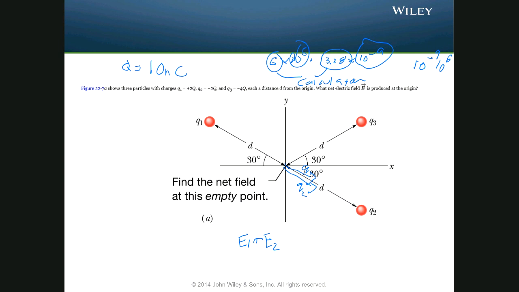But in order to add them together now, we have K, right? Q1 is going to be 2Q over D squared.